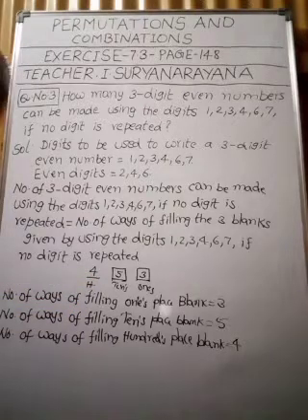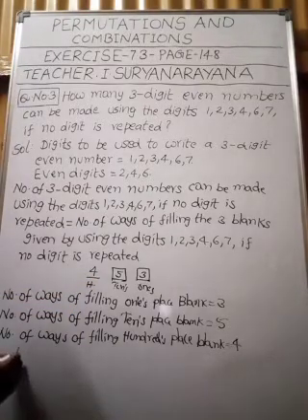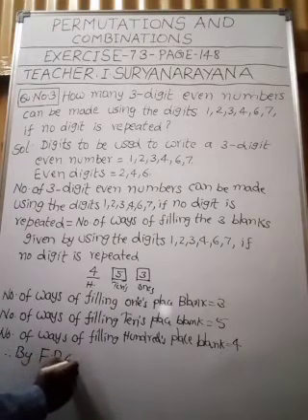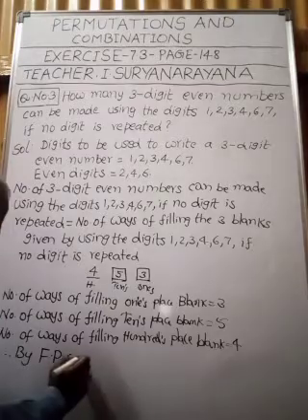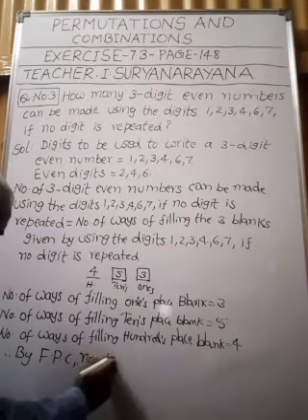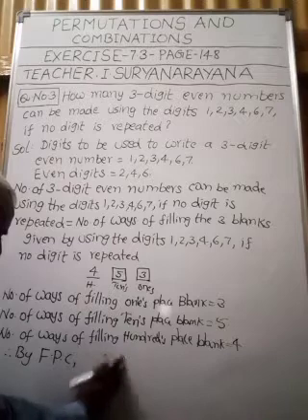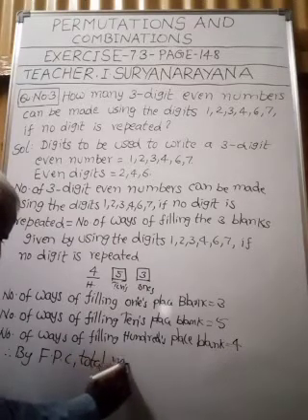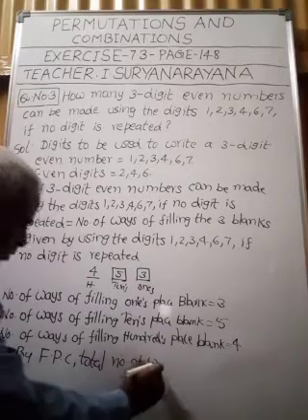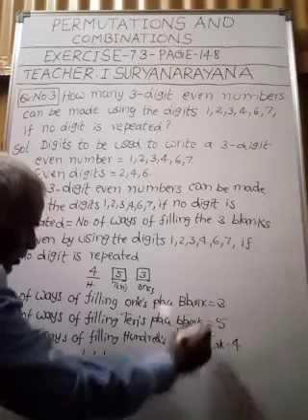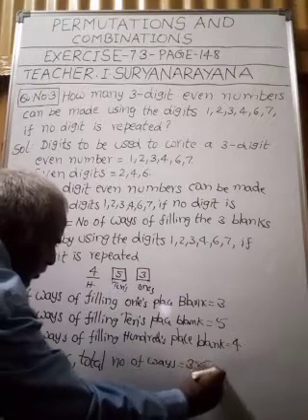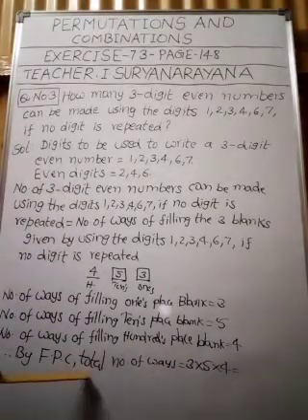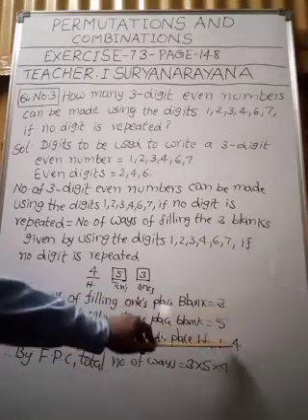Therefore, by the fundamental principle of counting, total number of ways is equal to 3 into 5 into 4. Okay, my children, don't be confused here. Total is not to add these 3 numbers.